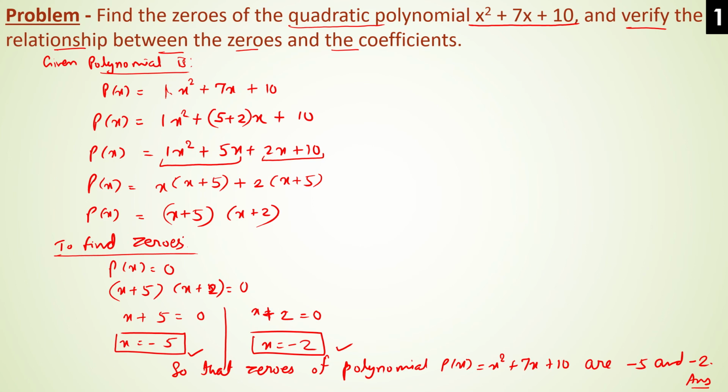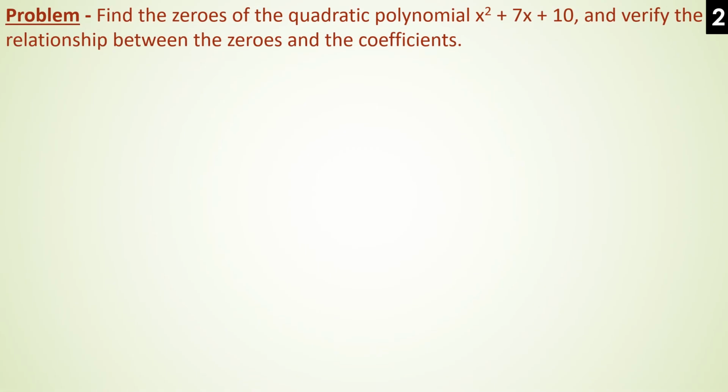Now, at the second stage, we have to verify the relationship between zeros and the coefficients of the polynomial. So, now the relationship between zeros and coefficients.